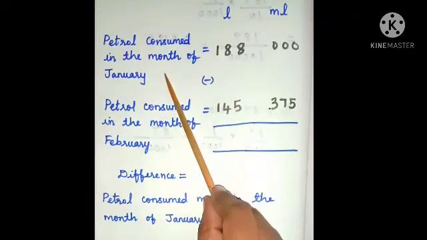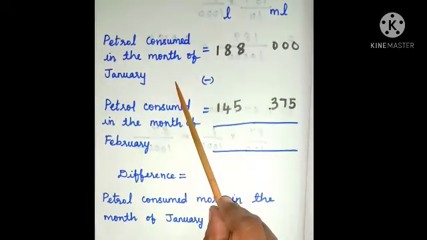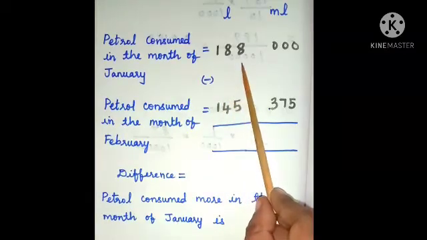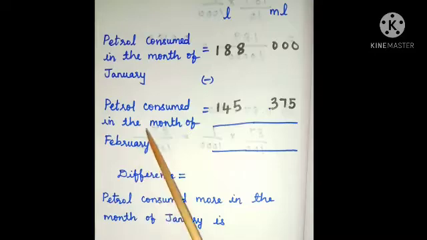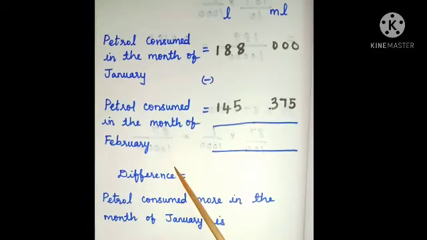So in January, a motor car consumed 188 liters of petrol, and in the month of February, the motor car consumed 145 liters 375 milliliters of petrol. Now, what is the difference in the petrol consumption?